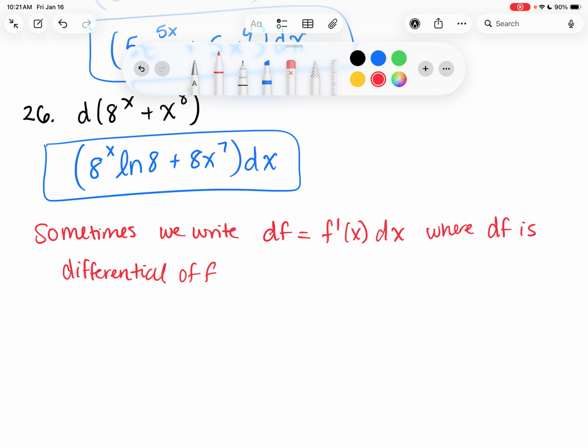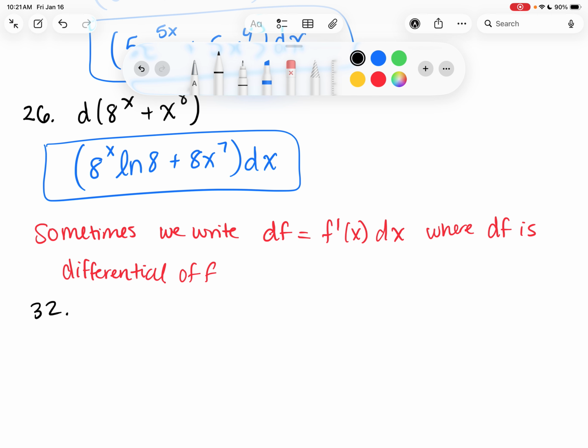But basically they say write a differential formula that estimates the given change in volume or surface area, then use the formula to estimate the change when the independent variable, which would normally be x, but in our particular situation it may or may not be, changes from 10 centimeters to 10.05 centimeters. And so 32, we have surface area.